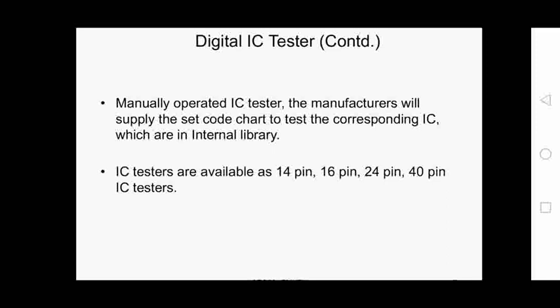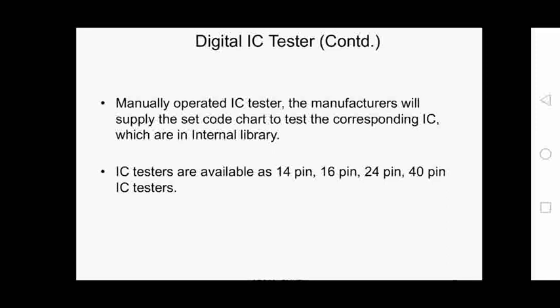Based on the pins, the pin arrangement, the values assigned to the pins, the inputs we are giving to the pins of the IC, and the interface applied to the pins, the manufacturer will give you the set code chart, so that you can verify whether a particular pin is working fine or not by using this set code chart.